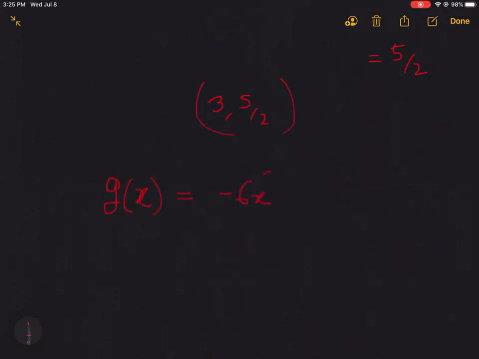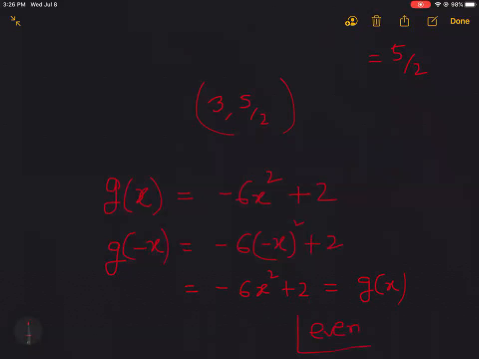So let me show you how you can do that real quick. So g of x, so clearly you can see it's actually the same as g of x. And if that's the case, we say that the function is even, right? Okay, next.